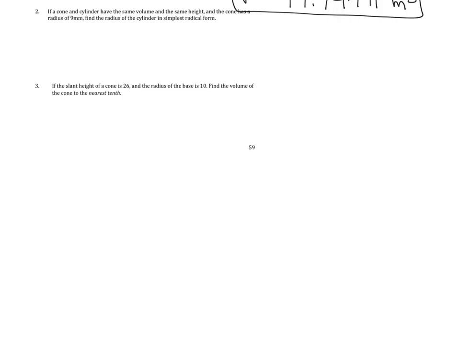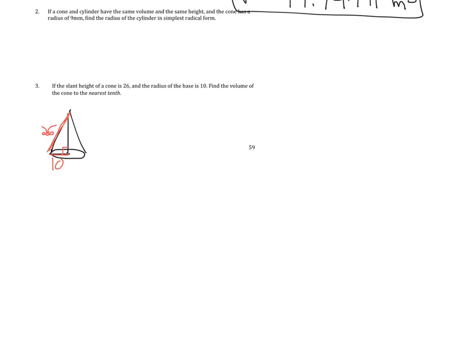So I'm going to take the liberty of drawing a picture of this. The slant height is 26, that's this value right here. I have a radius of 10, so that's this value here.